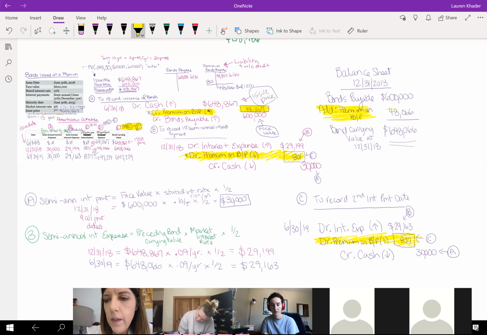So do you see that if you understand the discounted bonds, the premium bonds are pretty much the same except for a few minor things? Is this amortization schedule a lot easier than it initially looked when you looked in the chapter? Oh yeah. It makes a lot more sense now, especially after looking at the homework too.